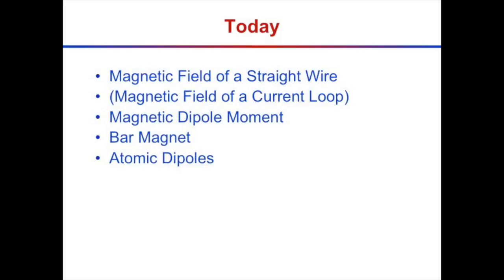All right, so today we will build that up, not just to the current in a little piece of the wire, but we're going to integrate all along a long straight wire to find the total magnetic field that wire produces. Then we'll apply the same method to a loop of current. If I take current and run it in a circle, what kind of magnetic field does that produce?